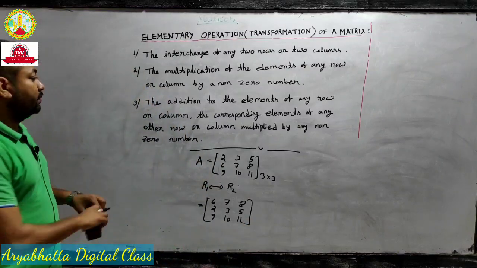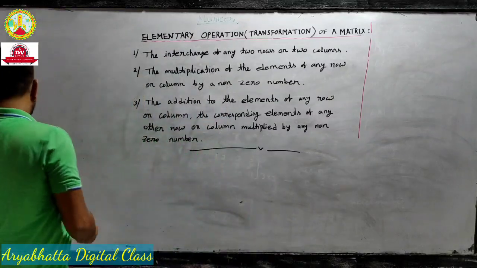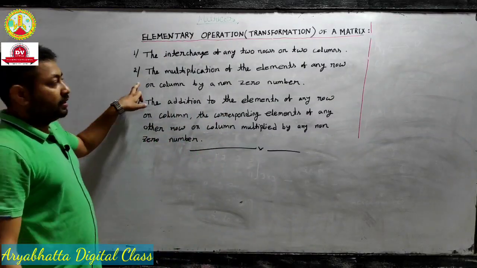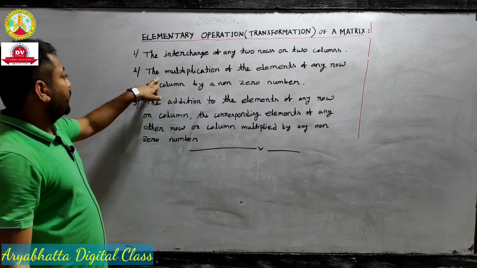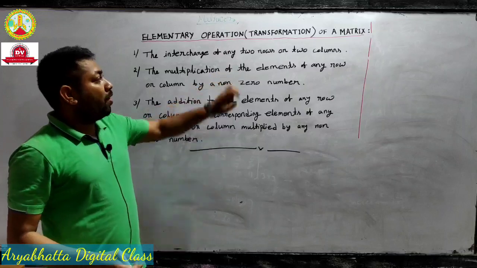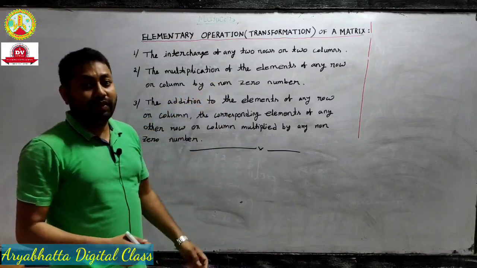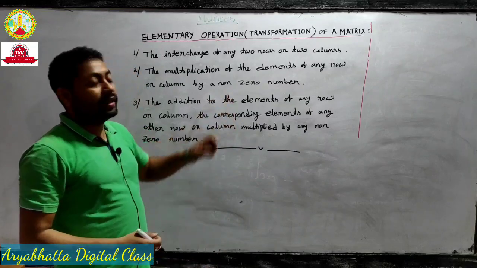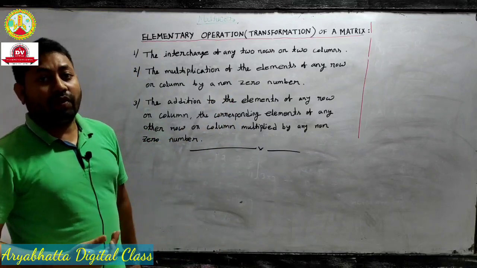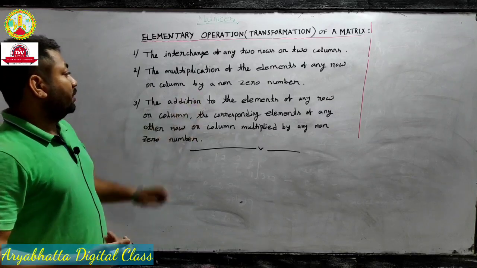The next point. What does the second transformation say? The second transformation says the multiplication of the elements of any row or column by a non-zero number.